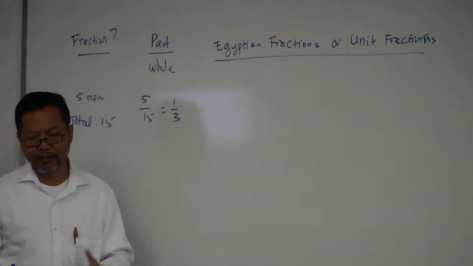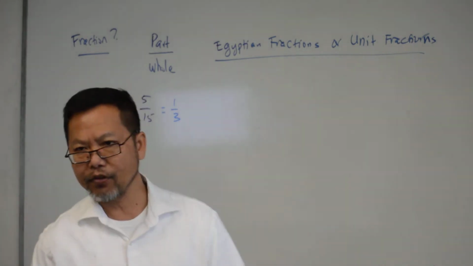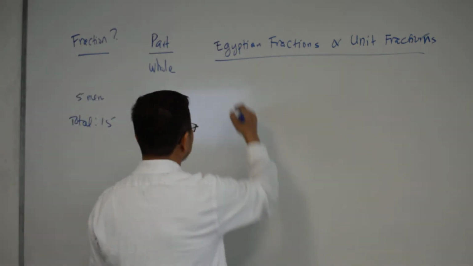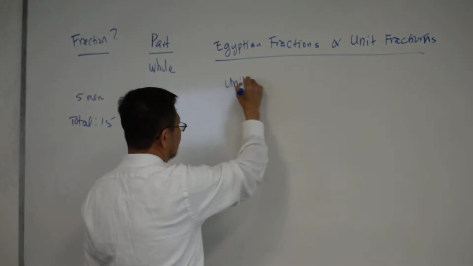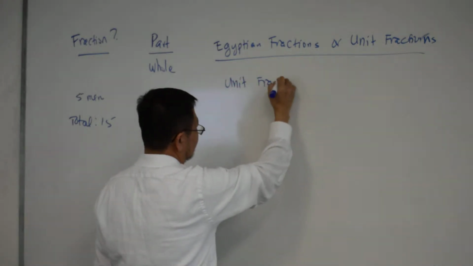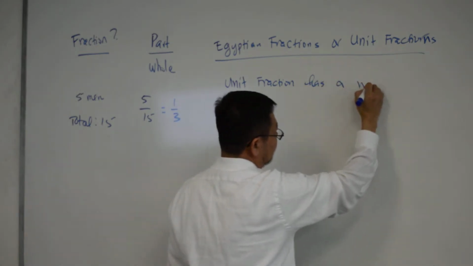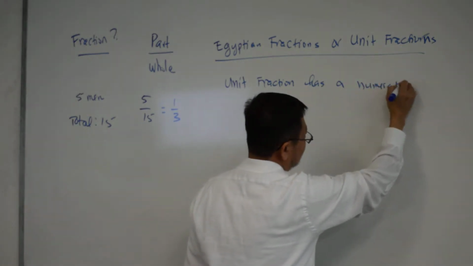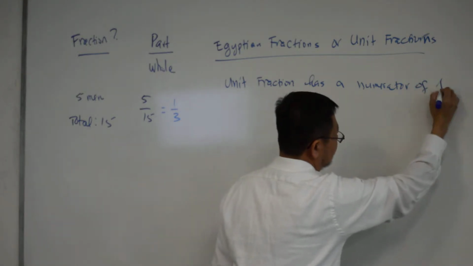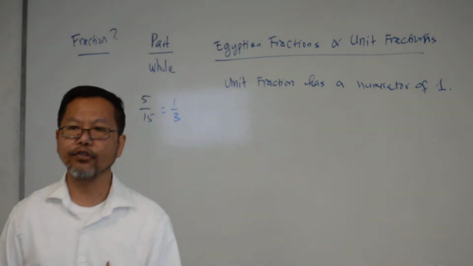Well, the definition of that is: a unit fraction has a numerator of 1. That's called a unit fraction.